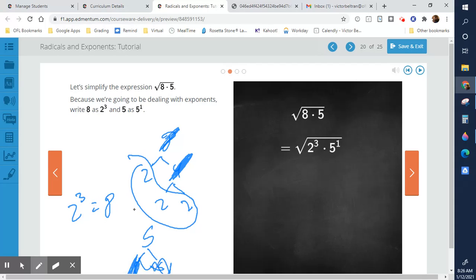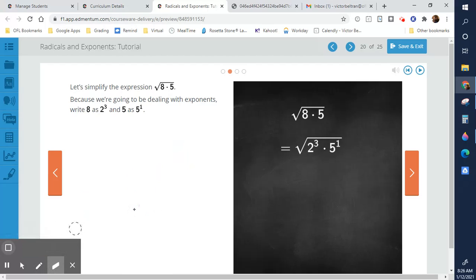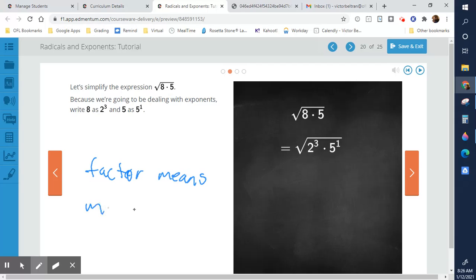And just a reminder, the word factor means multiplies into.